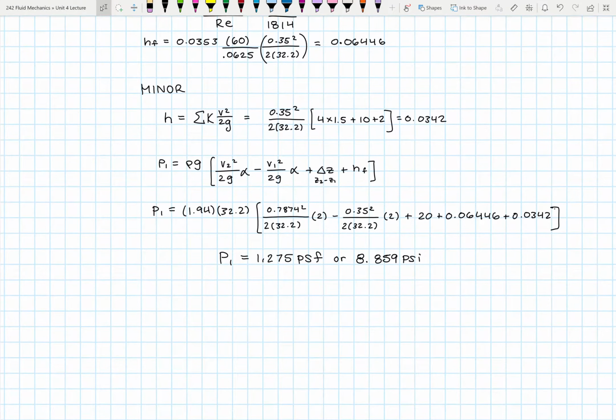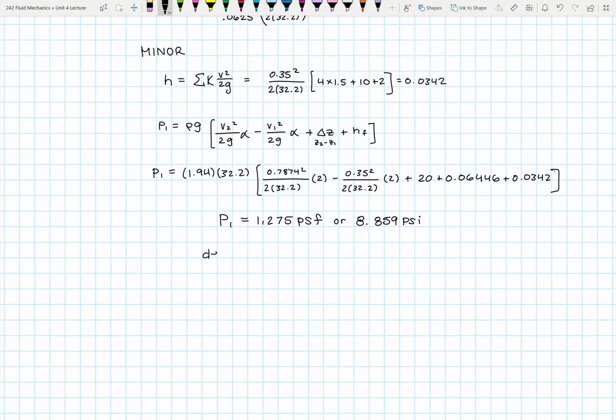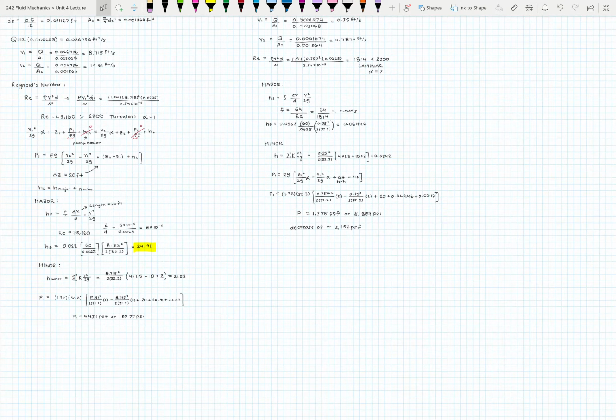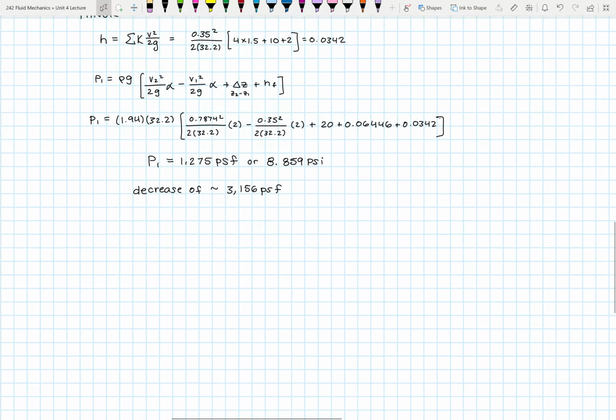Alright, so you'll notice that is a decrease in pressure of about 3,156 psf. So that is a pretty significant decrease if you remember our value earlier and our value now.